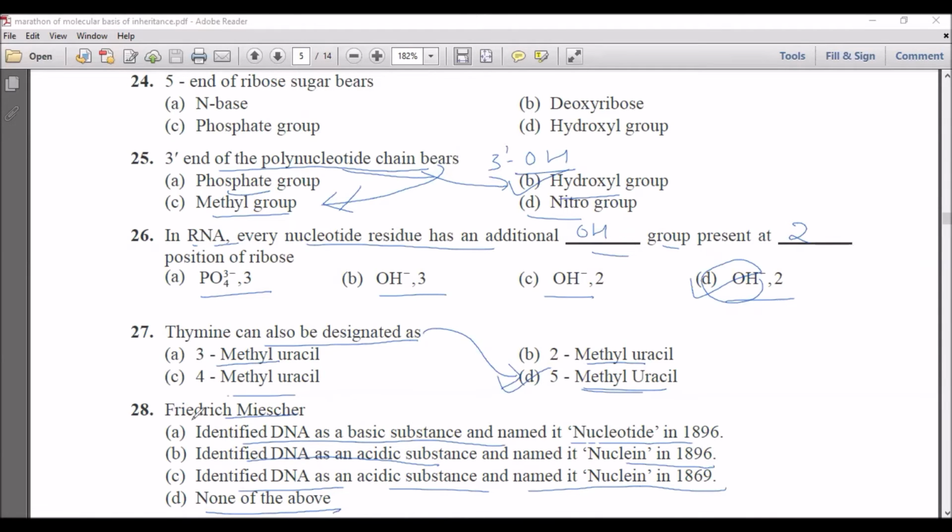Now we know that Friedrich Miescher identified DNA as an acidic substance and named it as nuclein in 1869. We know that DNA is acidic, and it is a negatively charged molecule, and it was named as nuclein in 1869 by scientist Friedrich Miescher.